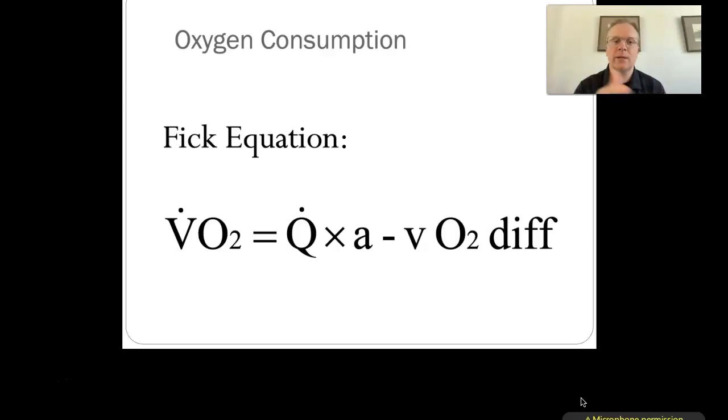Essentially in this equation, VO2 equals cardiac output, once again, how much blood per minute is being pumped around, multiplied by the arterial minus the venous, the A-VO2 difference. So we can look at how much oxygen is in the arterioles getting to the muscle itself, and then we can draw blood from the veins and see how much oxygen was actually utilized in the muscles.